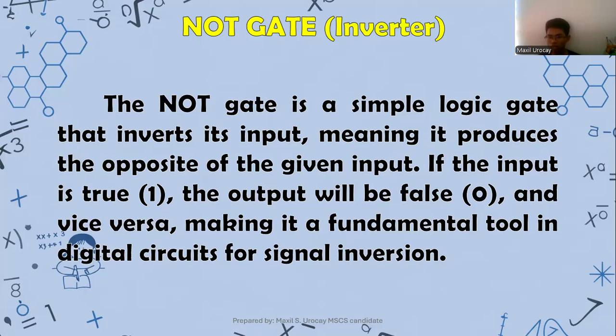That is vice versa, making it a fundamental tool in digital circuits for signal inversion. So if you are working with a statement that is true, and you want to make it false, you just have to invert or negate that, which is part of our propositional logic, or in our prelim term.